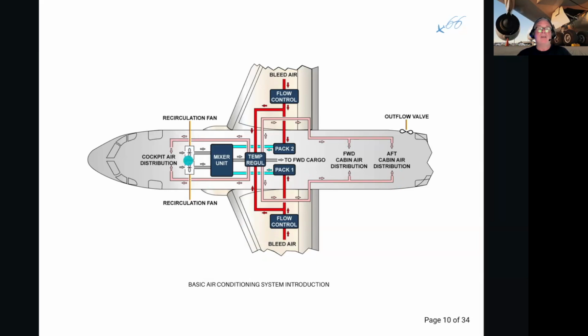We have these recirculation fans in the mixer unit, which recirculate the existing air in the cabin. All the air around the cabin comes through these massive filters that filter it and send it through again into the cabin. We recirculate a large proportion of the existing air that's in the cabin. So this is a basic outline of the system in terms of the air conditioning.